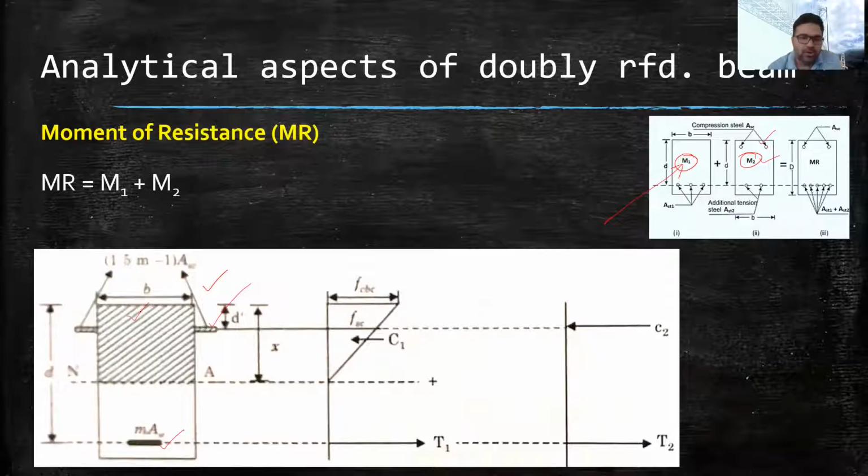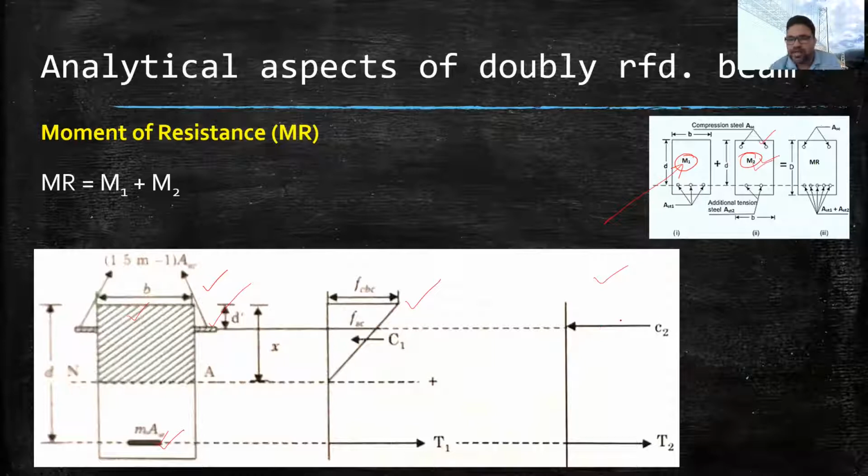The force in the concrete area will be balanced by the force in this tension area. This diagram depicts the stress condition in the singly reinforced beam, and the second diagram depicts the condition of M2.